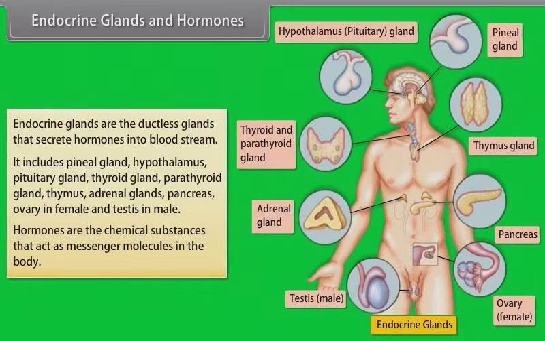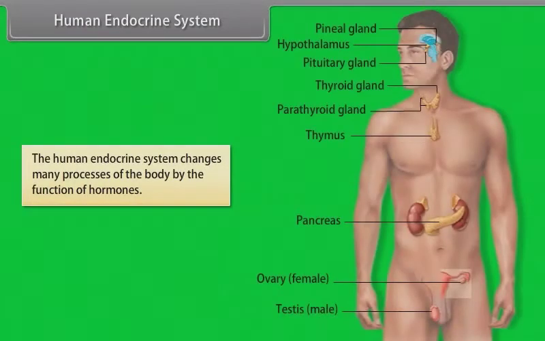Hormones are the chemical substances that act as messenger molecules in the body. Human endocrine system. The human endocrine system regulates many processes of the body by the function of hormones.